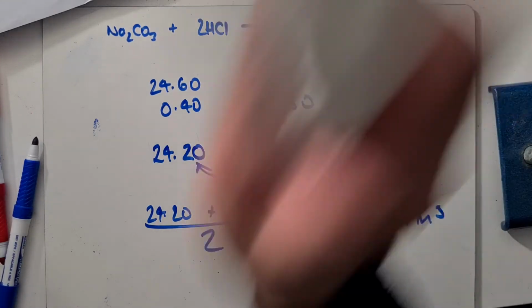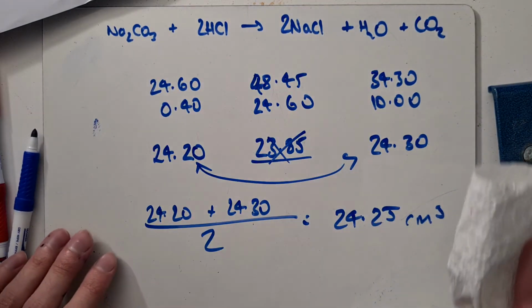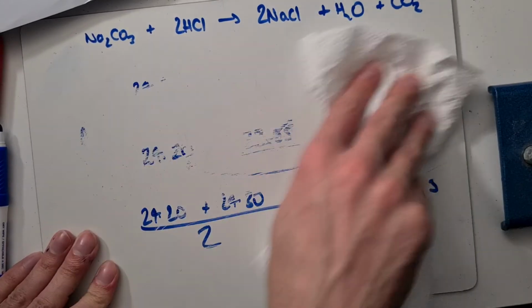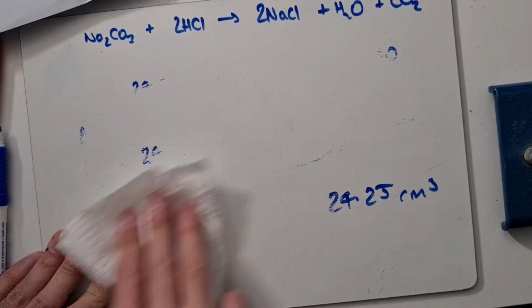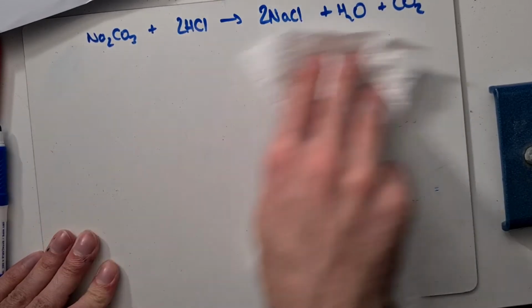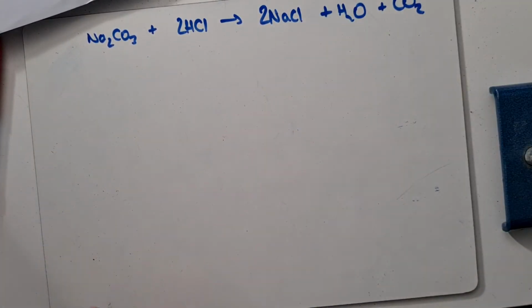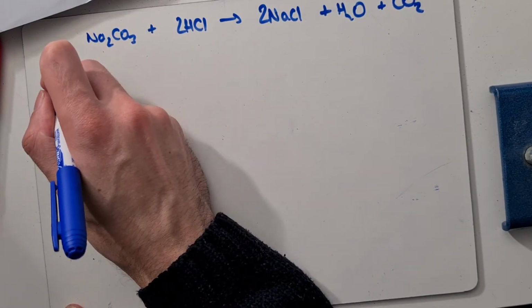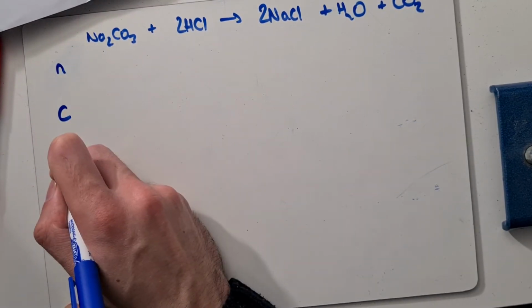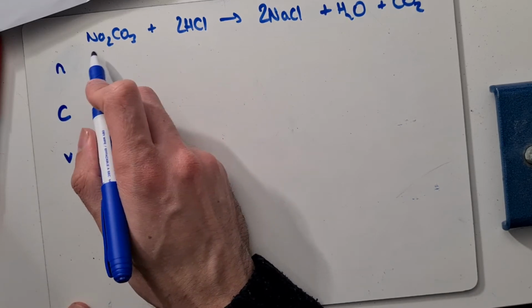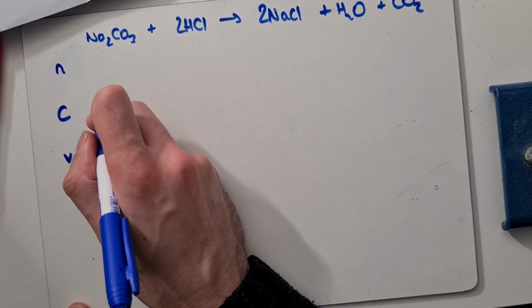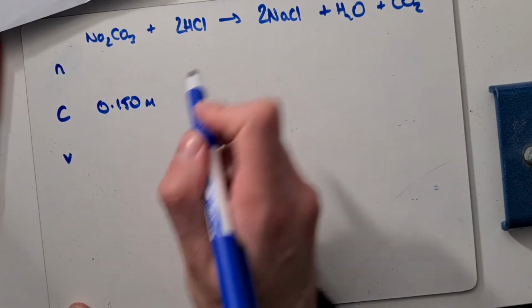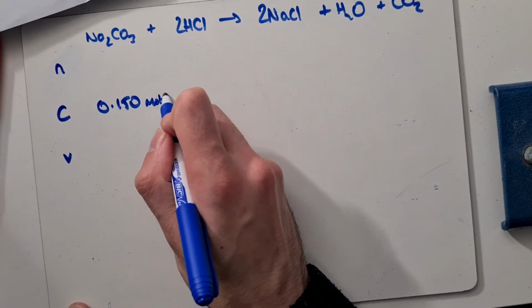Then we need to calculate the concentration in moles per decimetre cubed of the hydrochloric acid. So into our table, I'm going to put all the information I've got so far. If I do NCV up here, I know the concentration of my sodium carbonate was 0.150 moles per decimetre cubed.